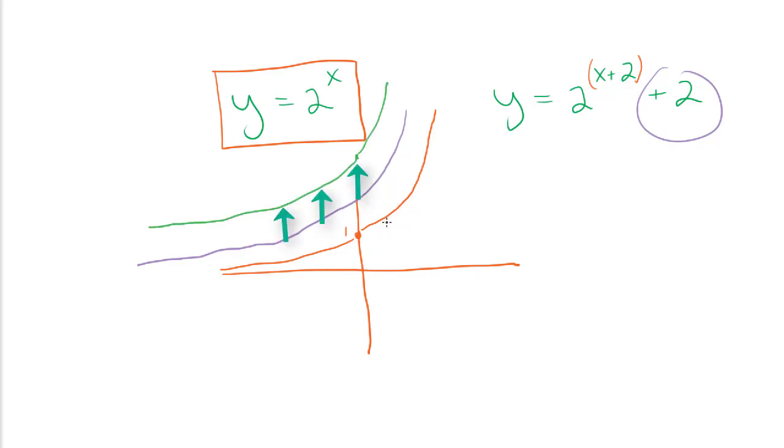So I take every given point and I shift 2 to the left for x plus 2, and the plus 2 is a direct addition to y, which is up 2, and the green line would become my new graph. So in this way, I can use my offsets to the parent function to figure out what my new graphs will be. And we run into this from time to time from graphing on the exam. So it's good to be aware of the parent-child relationships and how to adjust for them.